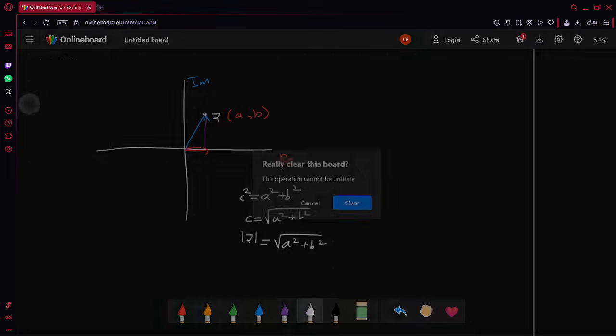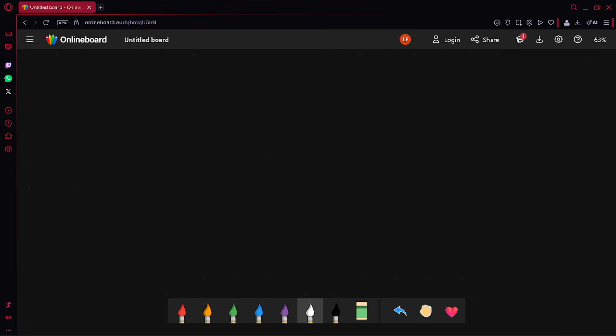So you just need to remember that the absolute value, or magnitude, of a complex number is denoted by these two bars, the absolute value function, and this is equal to the square root of a squared plus b squared, where z equals a plus bi.